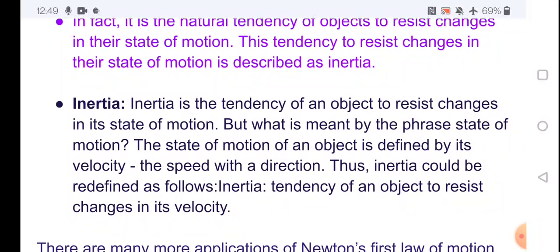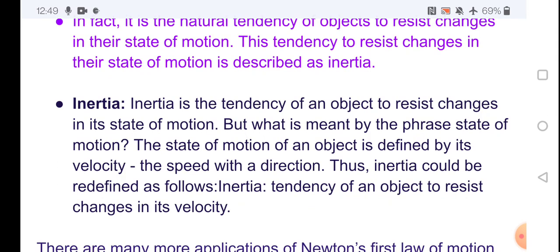Inertia is the tendency of the object to resist changes in its state of motion. Simply, inertia is refusing to show any action.